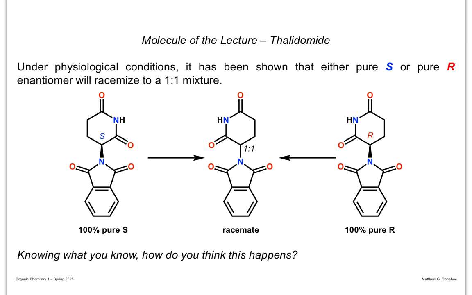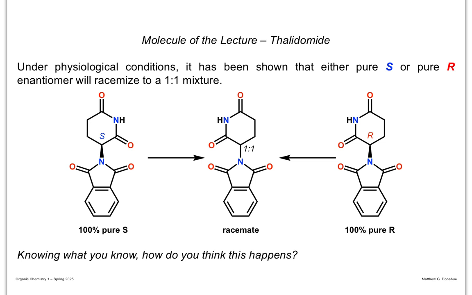With thalidomide, we said that the S enantiomer was the one causing the birth defects. So why can't they just take the pure R enantiomer and sell that as the drug for the same purpose?